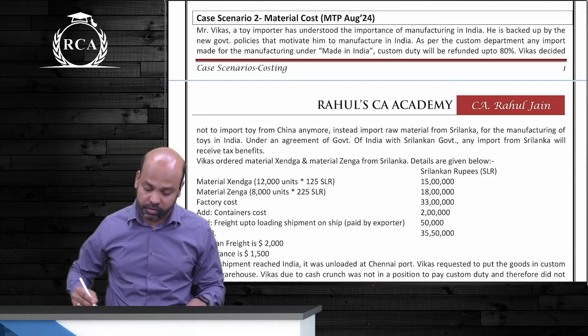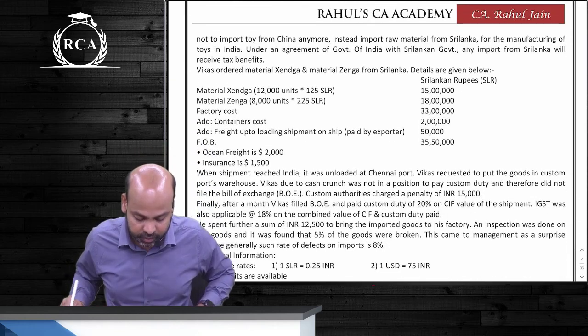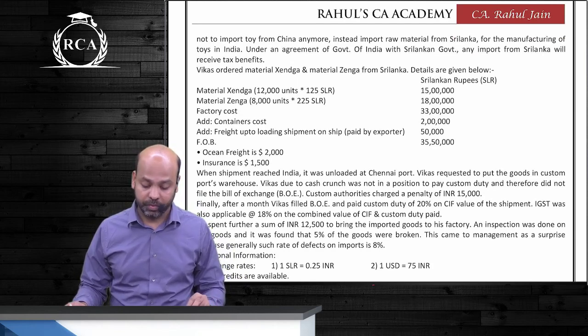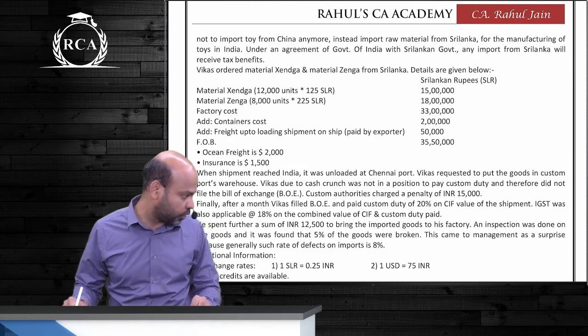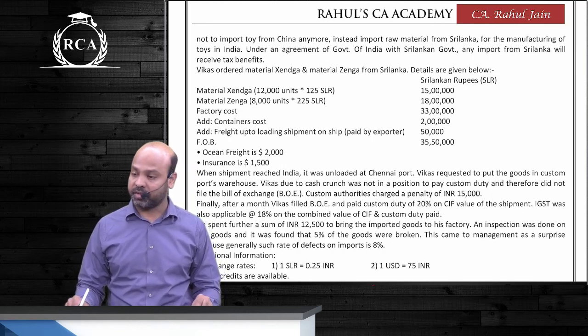Under an agreement of Government of India with Sri Lankan government, any import from Sri Lanka will receive tax benefits. Material ordered are two things, beta, X and Z. So X, 12,000 units into 125, Z, 8,000 units into 225. The total factory cost is given, containers are given.